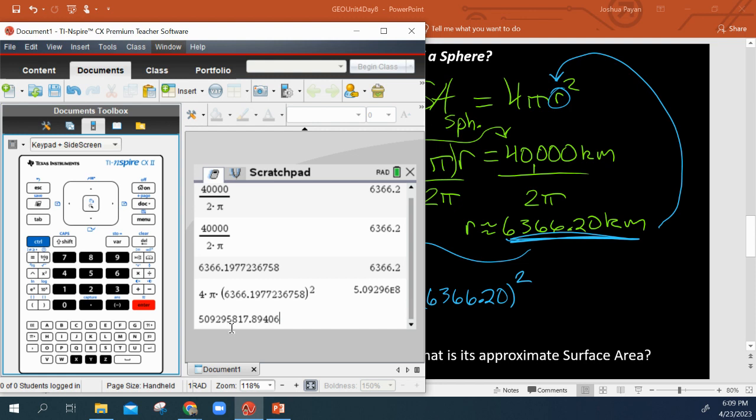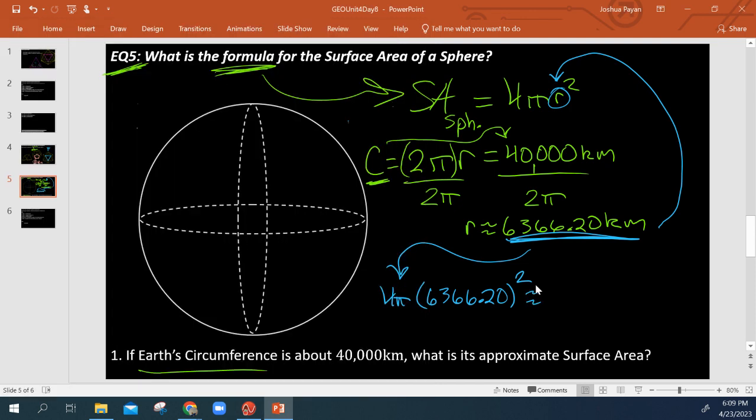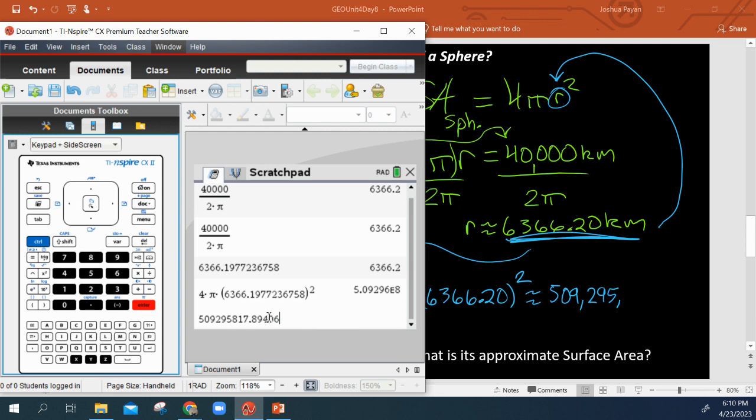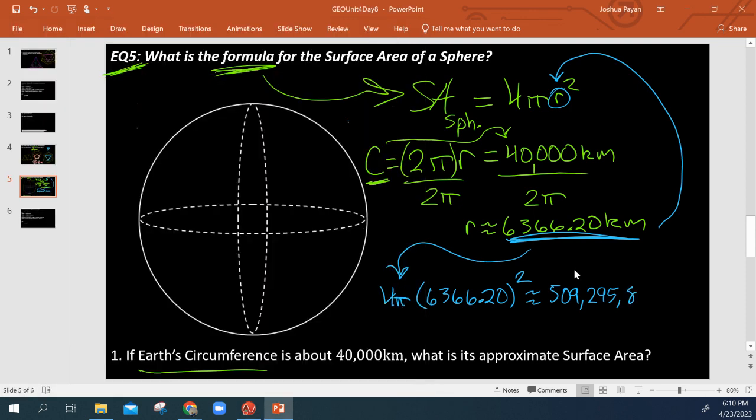That is 509,295,817.89 kilometers squared. That is insane. That is the surface area of the Earth, basically a sphere.